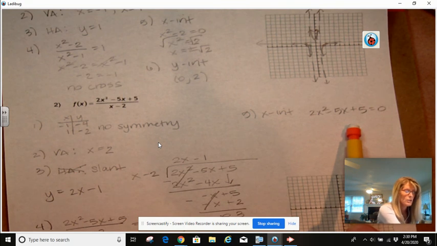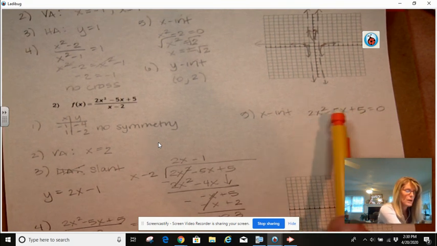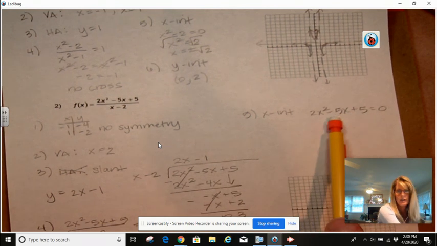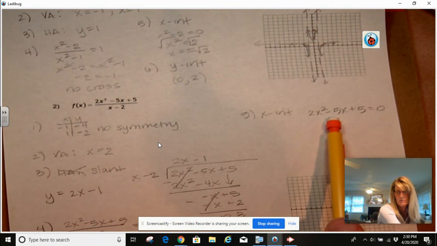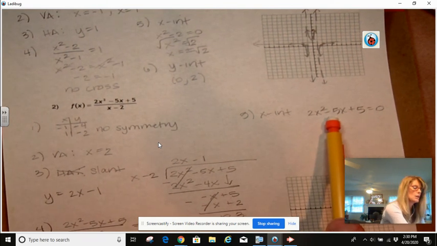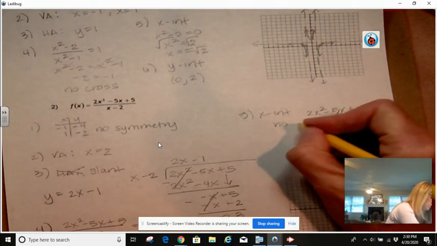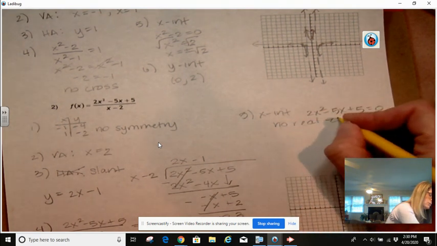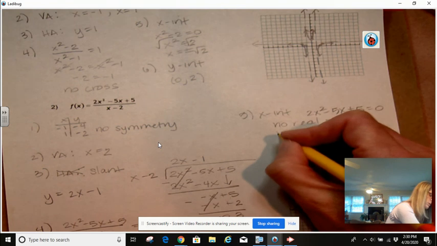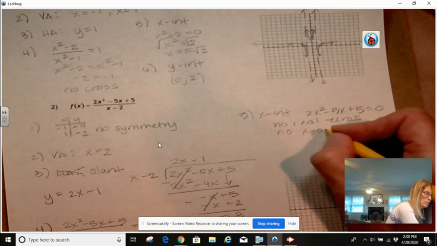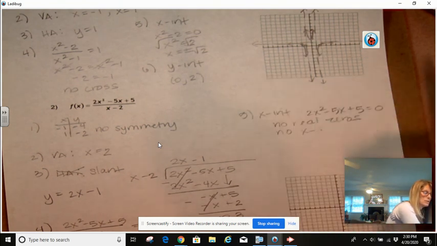If you try and factor it, you would need 2 numbers that multiply to give you positive 10 and add to give you negative 5. That doesn't exist. So without a calculator, that's how you can tell. So there are no real zeros, so no x-intercepts. Doesn't cross the x-axis.